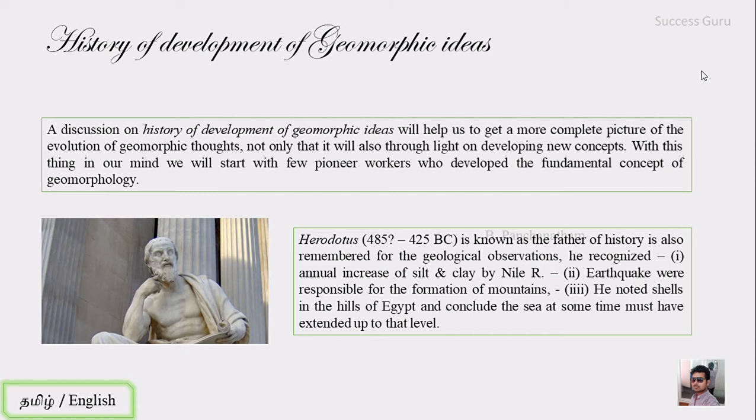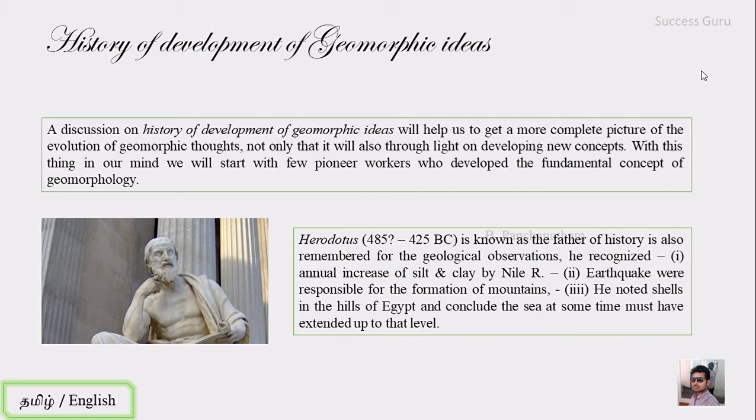He was the first to recognize the annual increase of silt and clay sediments by the Nile River. And his concept for the origin of mountains was that earthquakes are responsible for their formation. He also noticed shells in the hills of Egypt and concluded that the sea at some time must have extended up to that level.